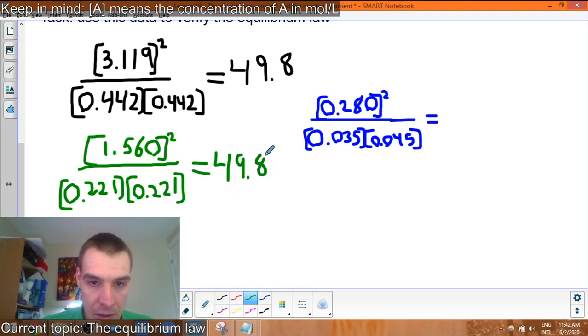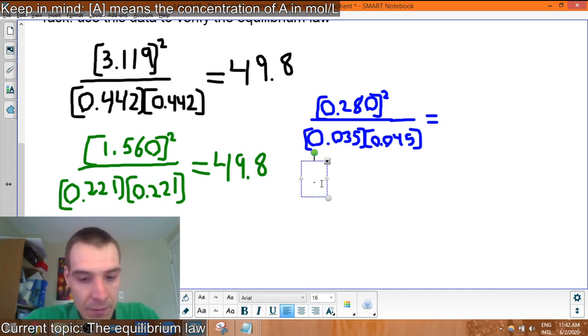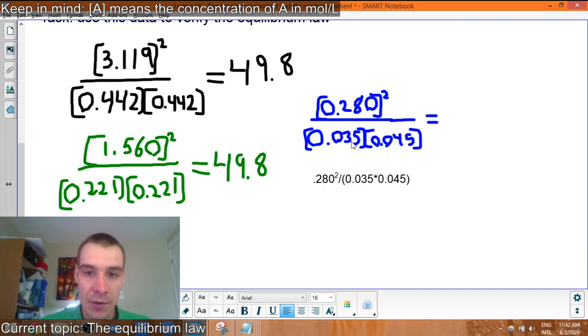And for the last one here, I'll show you exactly what I'm typing into my calculator. I put 0.280 squared, and then divided by, and then I opened a bracket, and then 0.035 times 0.045, and then I closed the bracket. That way I made sure that I'm dividing by both of these together.